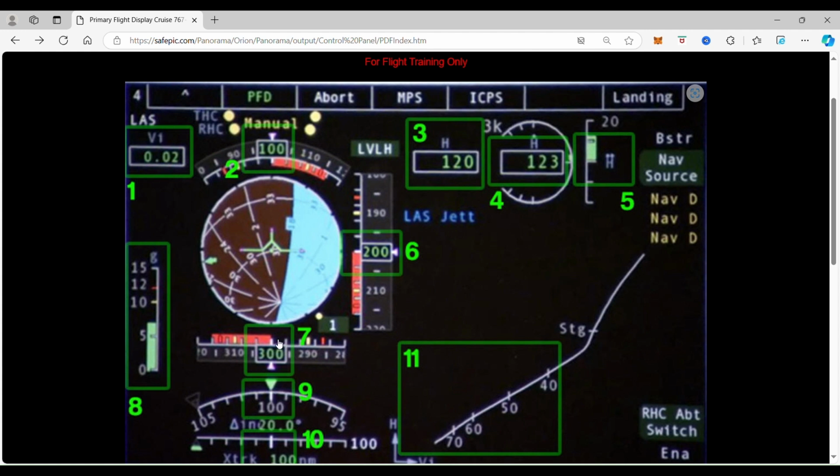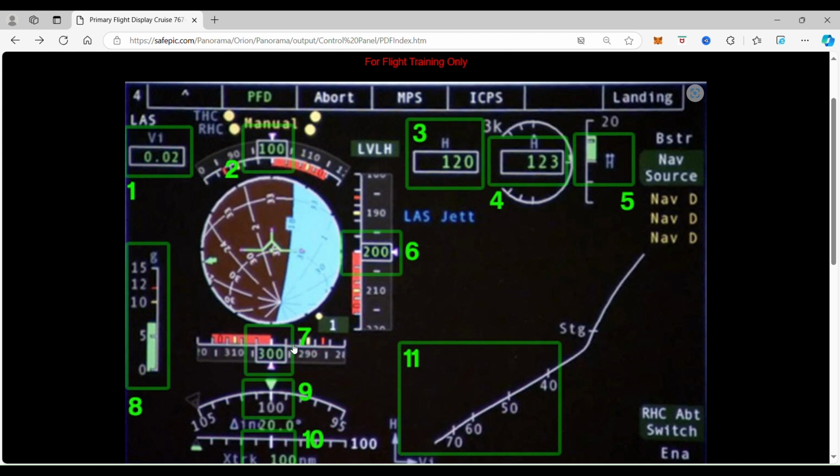7 is down here. This is the yaw, or the turn, the twist of the spacecraft. 8 here, this is the G meter, so you see 0, 15 being the max. That's 5, so this looks like about 7 degrees. Then down here we have 9. This is actually heading.